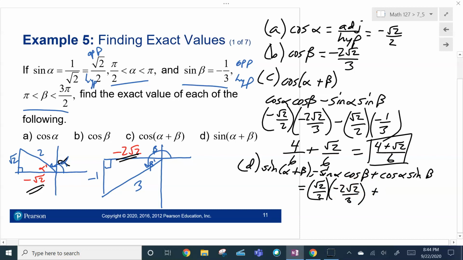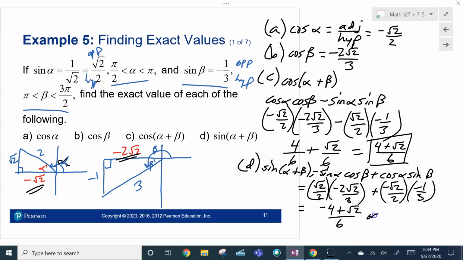What's the cosine of alpha? Negative root 2 over 2. What's the sine of beta? Negative 1/3. So we got negative 4 plus root 2 all over 6, or root 2 minus 4 all over 6.